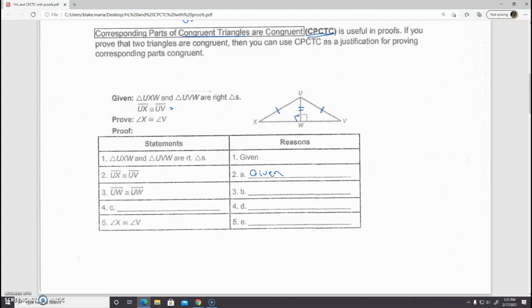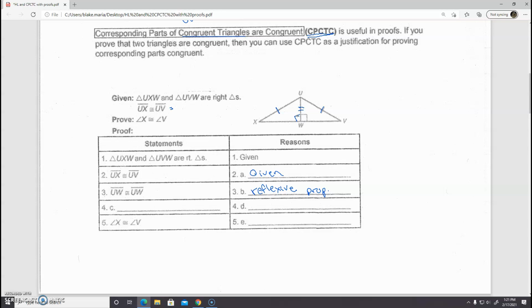And why? That's the reflexive property. And like I told you when we were learning this, the reflexive property usually comes in these proofs when it makes sense, because you're telling me that UW over here is the same as UW over here. I know it seems silly to say UW is congruent to UW, but you've got to tell me they have that side in common.